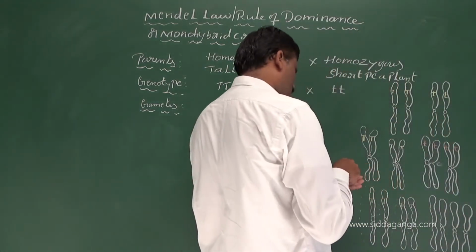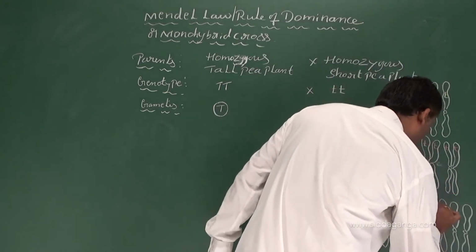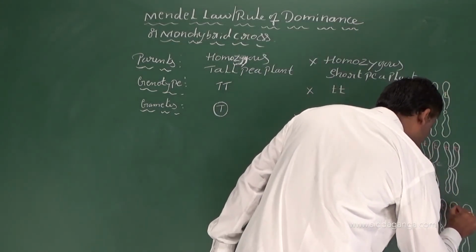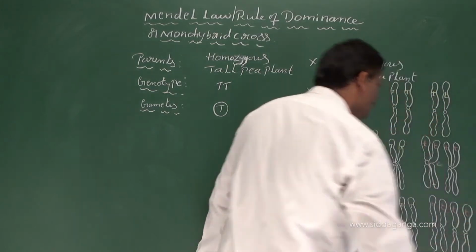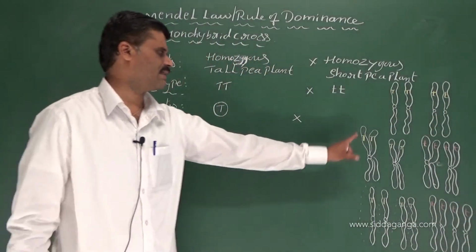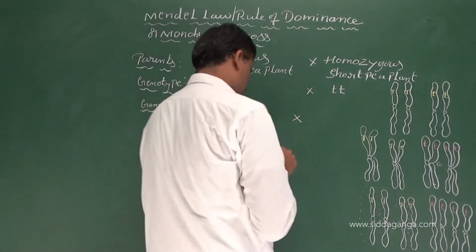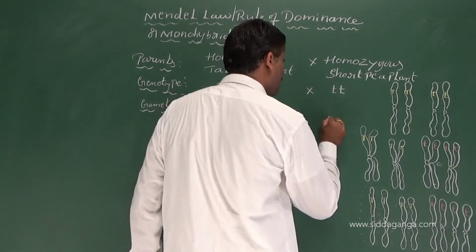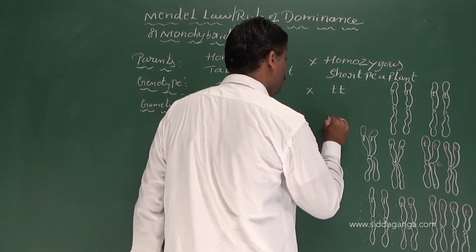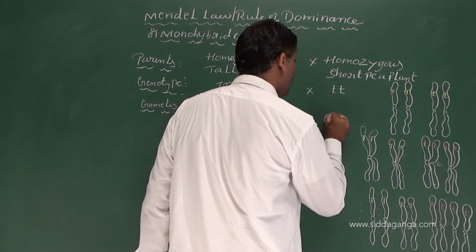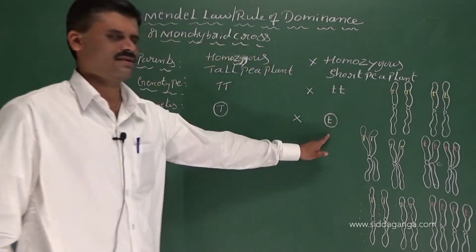And all those daughter chromosomes carry similar genes which represent the short character. Hence, here also there is one gamete, since all four gametes contain the gene for short.